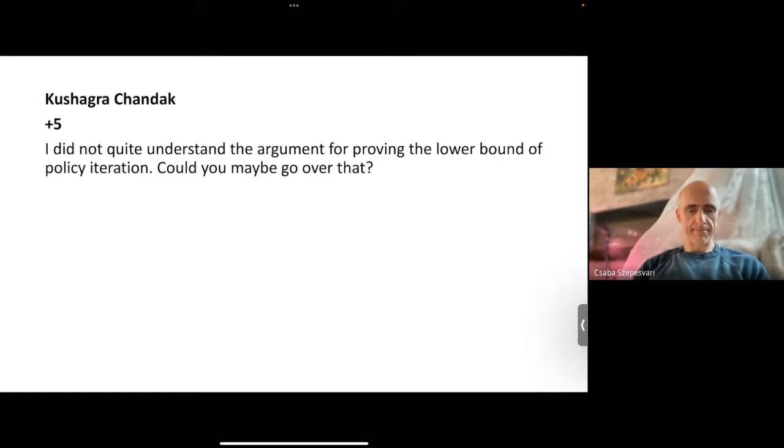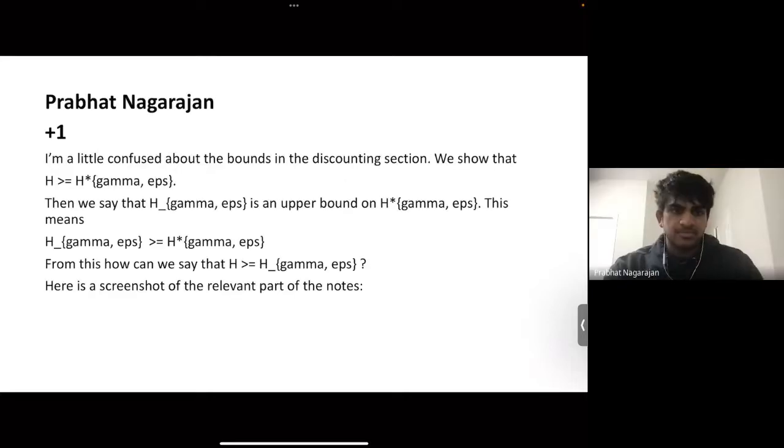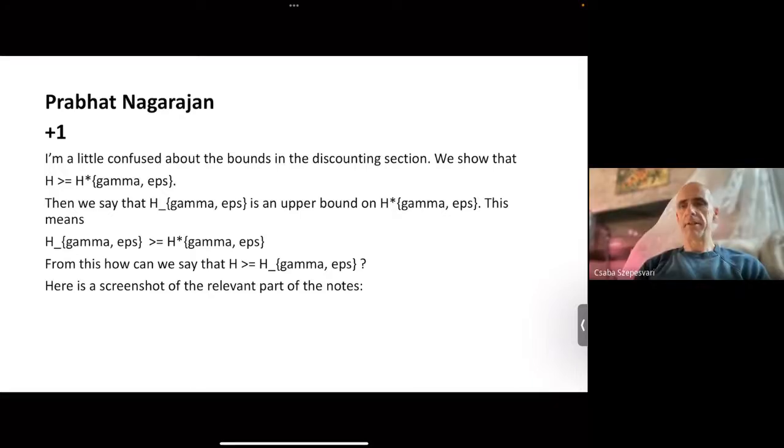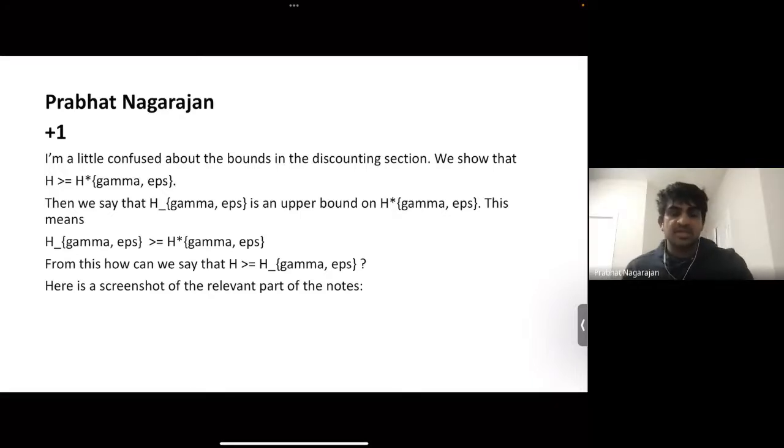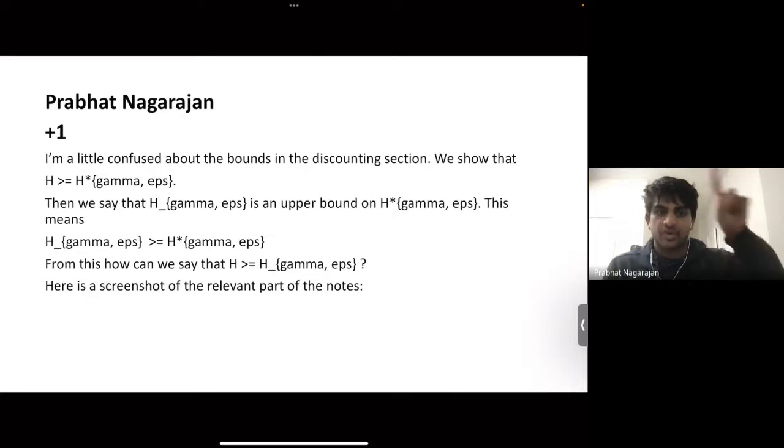All right, Prabhat. So in the discounting section, we derived the H star. I think it's even done in the discounting section, like the difference between the infinite horizon and then it says you have this H gamma epsilon, so without the star, and that's an upper bound on H star.